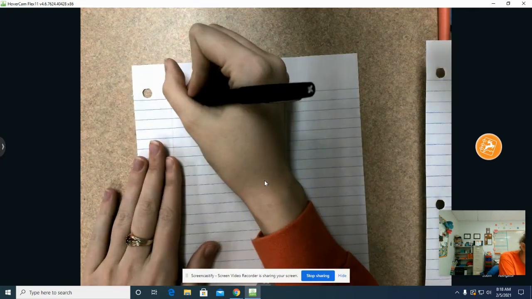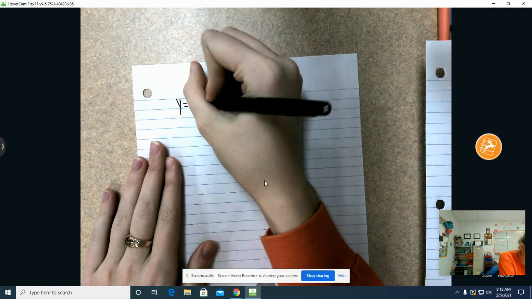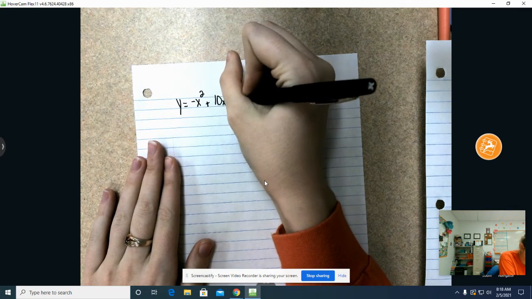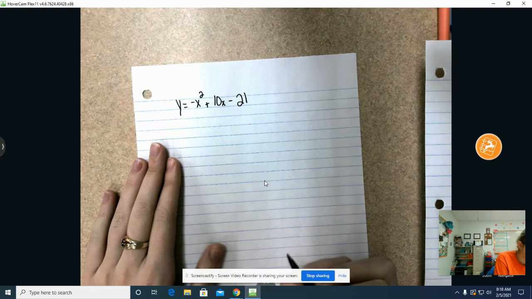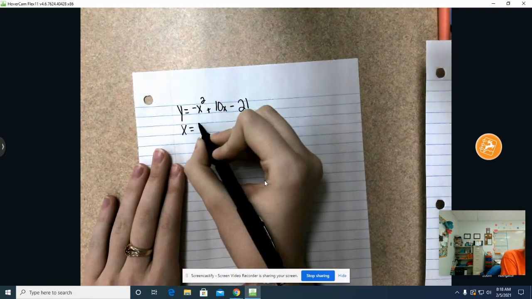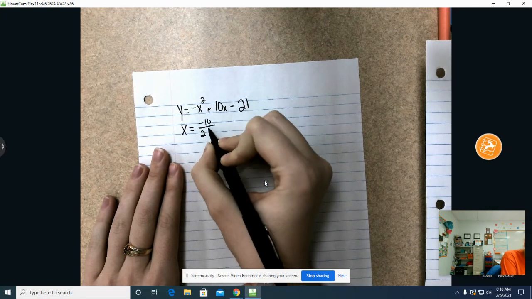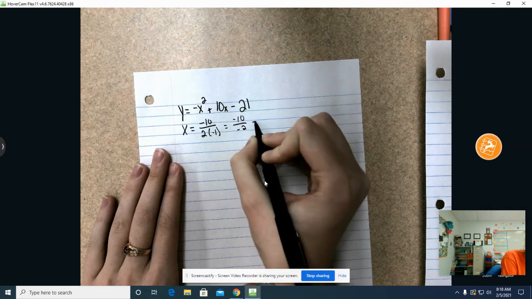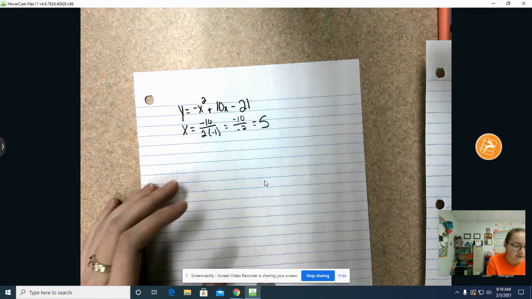So let's try another. Let's say we're given y equals -x squared plus 10x minus 21. First thing we're going to do is find that axis of symmetry. So x equals -b over 2a, so -10 over 2 times -1, -10 over -2, which is going to give me 5.